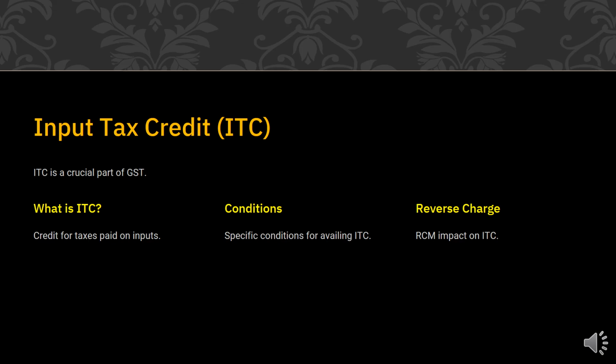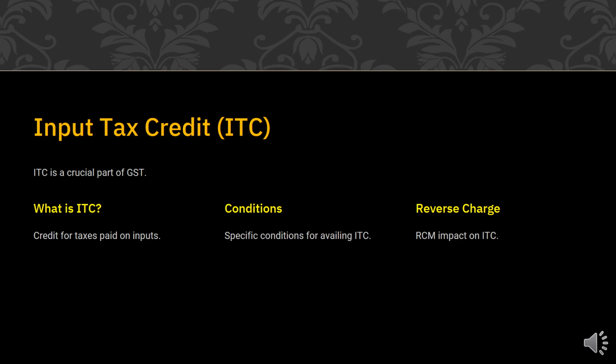Input tax credit can be reduced from the GST payable on the sales by the taxable person only after fulfilling certain conditions. These conditions given under GST law are more or less in line with the pre-GST regime, except for a few additional ones such as GSTR 2B. These rules are direct and may be stringent in nature.